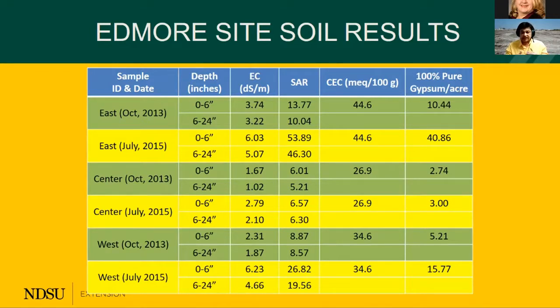West side was not as bad as east, but worse than center to begin with. So EC levels again went higher 2-3 times, but it was the SAR which went 3 times up. Center, there was not a lot of change there because it didn't really have big issues.